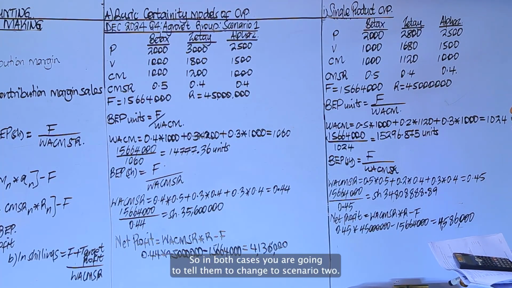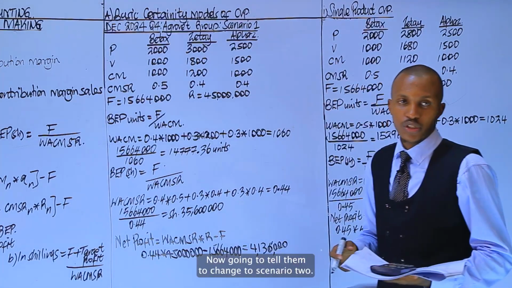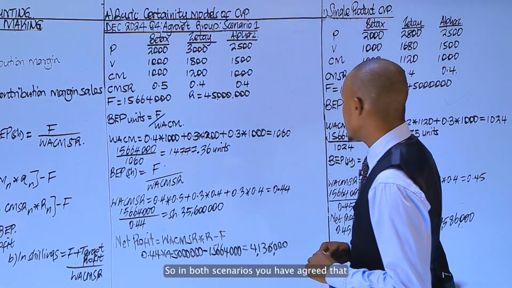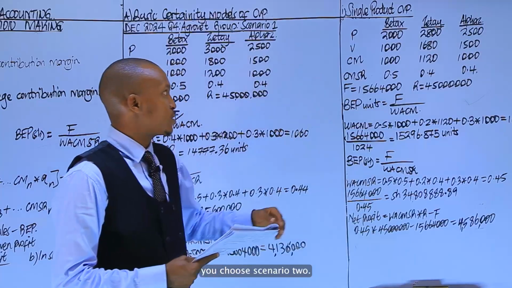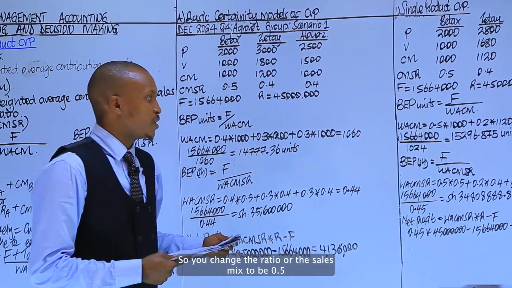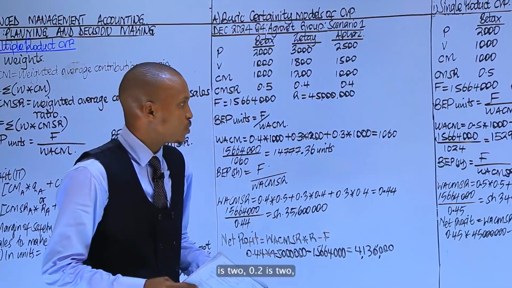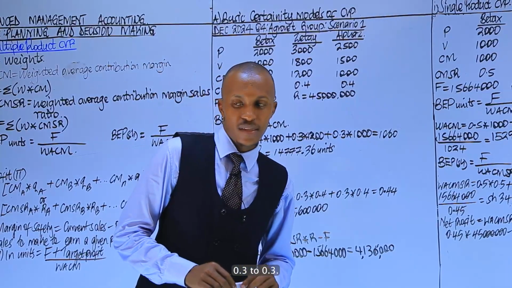So in both cases, you're going to tell them to change to scenario 2. So in both scenarios, you've agreed that you choose scenario 2. So you change the ratio or the sales mix to be 0.5 is to 0.2 is to 0.3.